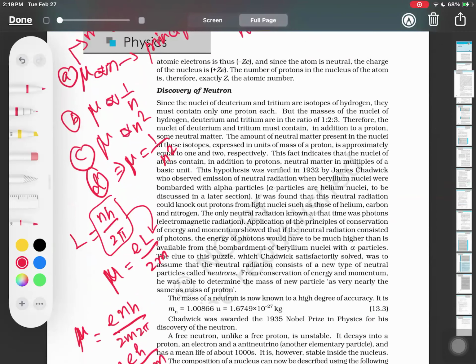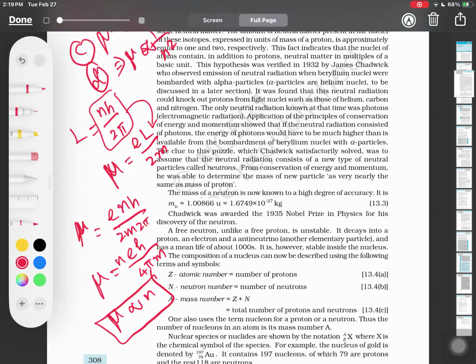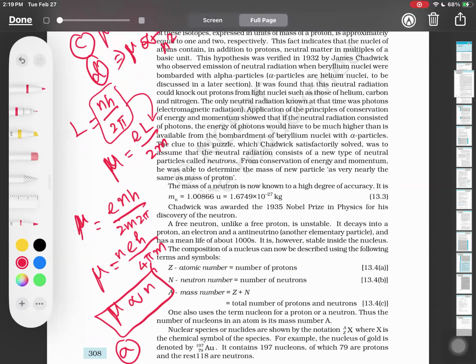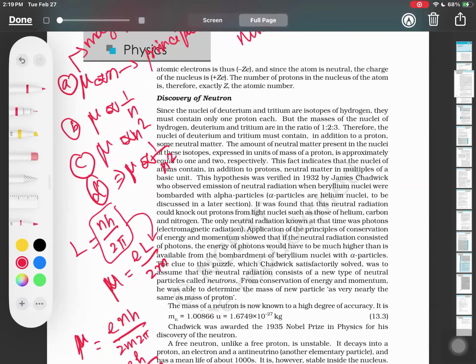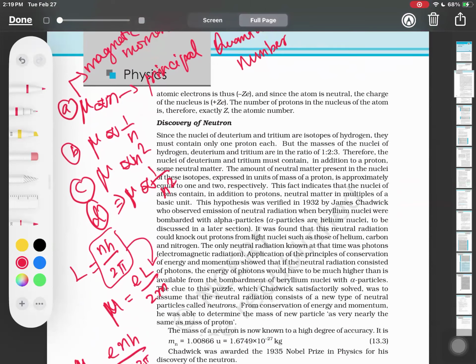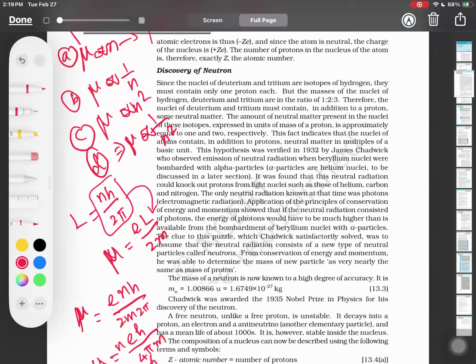Mu is directly proportional to n. That is the correct option, so A is the correct option. Mu is always directly proportional to n. If you want to, you can take a screenshot. This is the basic relation between the magnetic moment and the principal quantum number of an electron revolving around the nucleus.